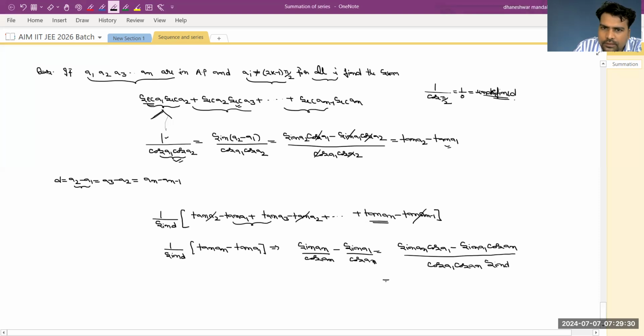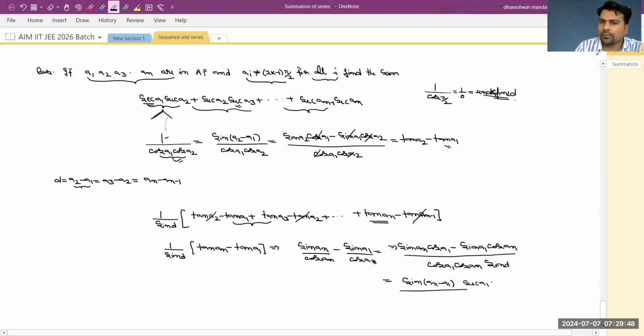If I combine this, in the numerator we have the formula sine a cos b minus cos a sine b, so I can write this term as sine of (a of n minus a of 1). And from here, this is converted into sec.